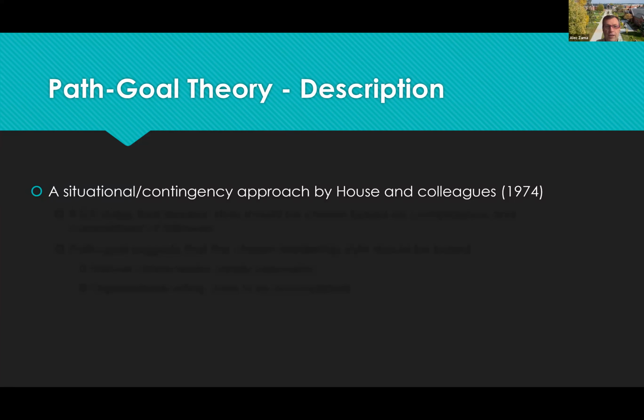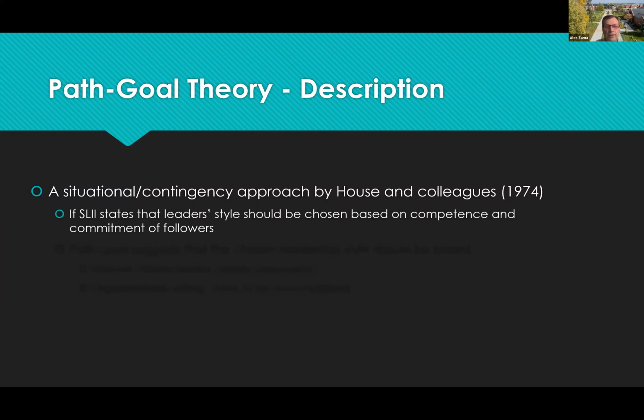So this is another situational contingency theory that was developed by House and colleagues in 1974. It had multiple iterations after that. But if you recall, when we discussed situational leadership, Hersey and Blanchard stated that leaders should choose a specific style of leadership based on the competence and commitment of followers. So that was another situational approach to leadership.